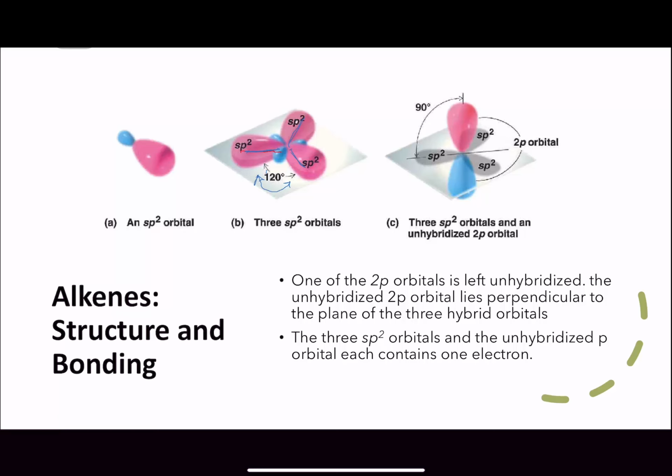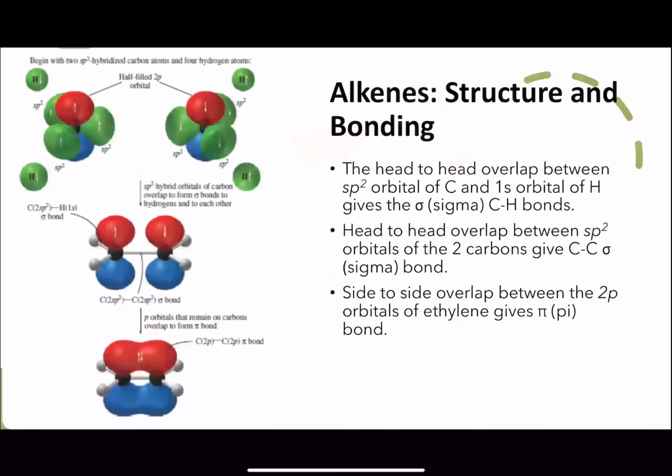If you look here, you will find the unhybridized 2p orbital, the one in pink and blue. It will arrange itself to be perpendicular to the plane of the three hybrid orbitals. So the angle between the 2p orbital and the plane of the three sp2 orbitals is 90 degrees. Each of these will only contain one electron.